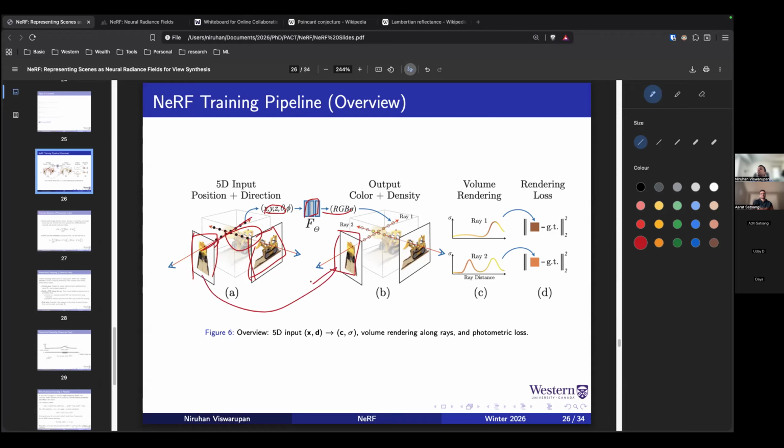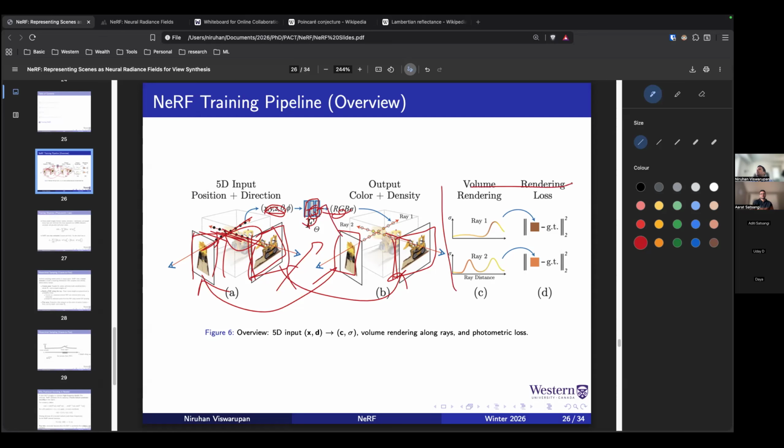Then compare these two images and back propagate the losses through this, and you do this for multiple images. So we have done this for one image, then you take another side and vary this XYZ, give different inputs to this multilayer perceptron, get the output, integrate it, try to render this image, compare these two images, and back propagate the losses to train the weights.